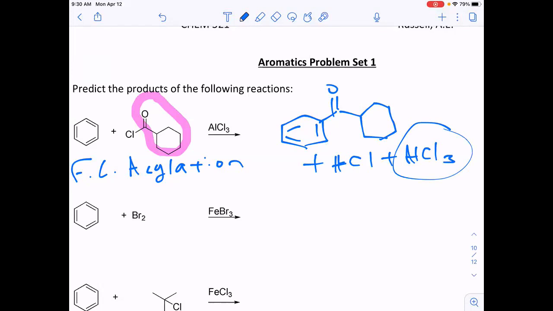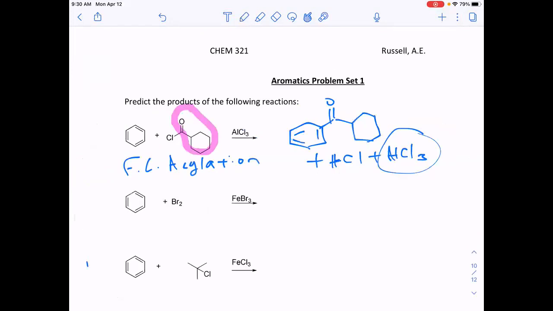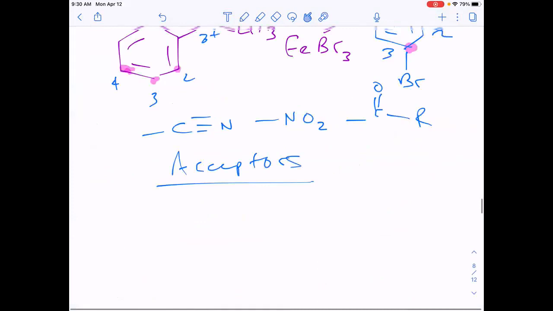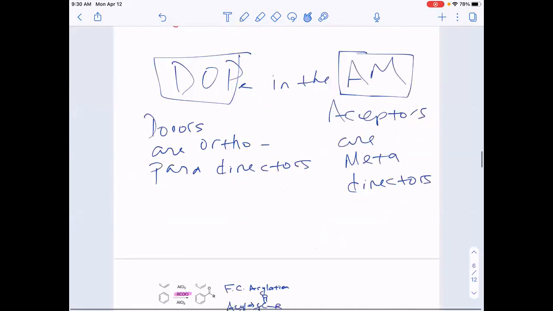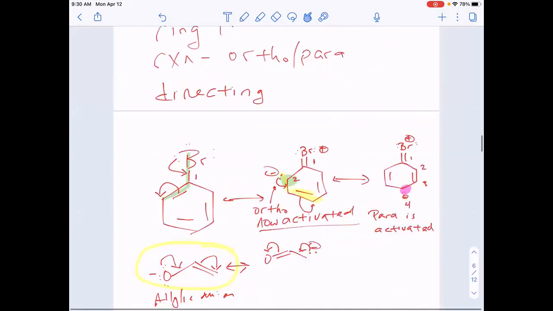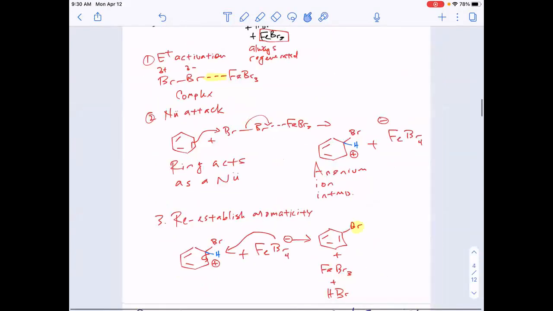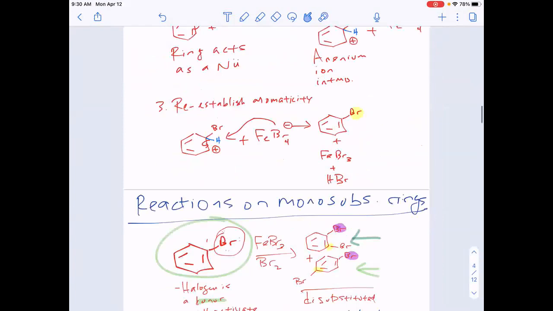Yeah. So let me go back to the mechanism up top, and I'll show you where that came from. I'll do this one because this is clearer. There's a hydrogen wherever you add your group to, one hydrogen on every carbon in that ring.